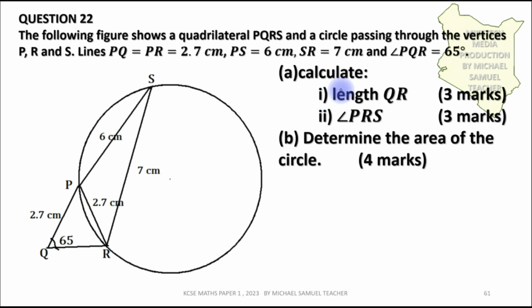You need to calculate the length QR, then angle PRS is also required, and then determine the area of the circle.